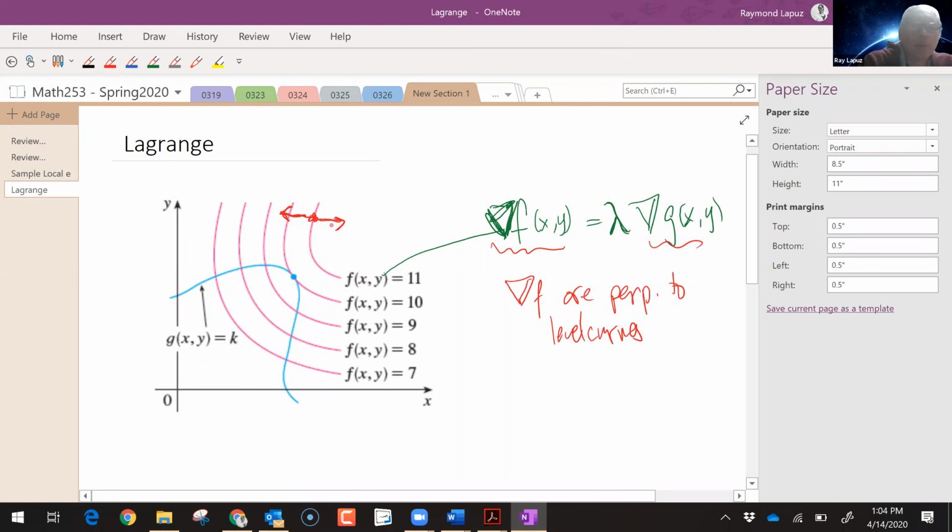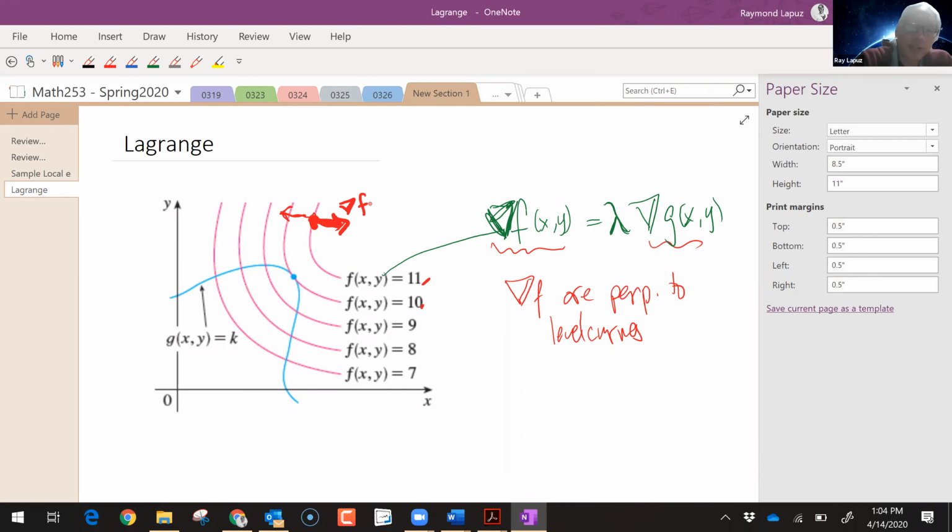This is the correct one, because it looks like it's pointing in the direction of fastest increase. So this is 11, and the one before that was 10. So this is going down, and this is going up. So I think this is the gradient. The gradient's pointing that way. But at this point, I'm not too concerned about which way it's pointing. I'm only concerned that it's perpendicular to a level curve.